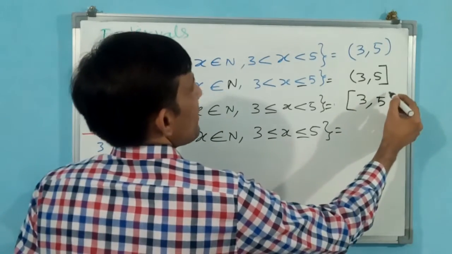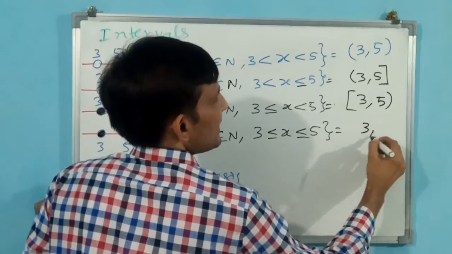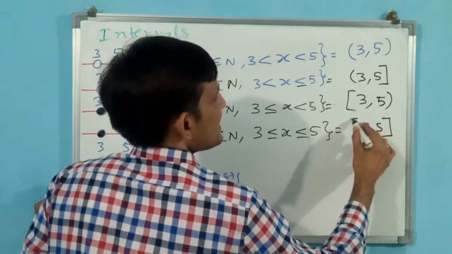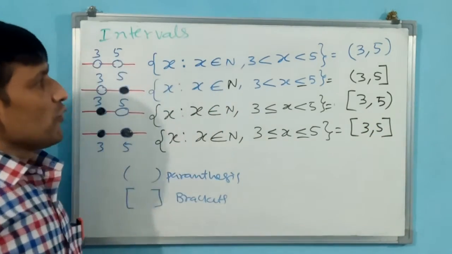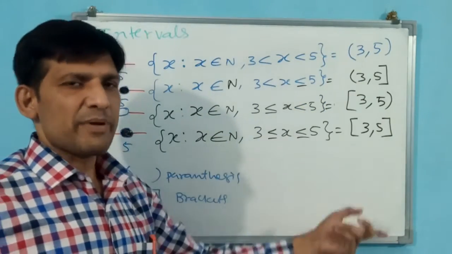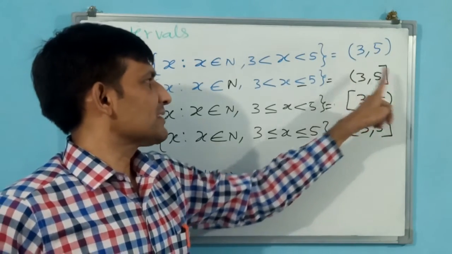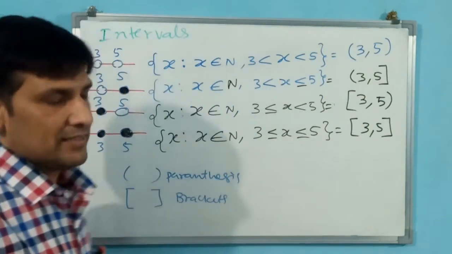That side open. Both are closed. 3, 5. If you observe, you see 4 types of parentheses and brackets are there. 2 brackets, 1 bracket and 1 parenthesis, 1 parenthesis and 1 bracket, both parentheses.